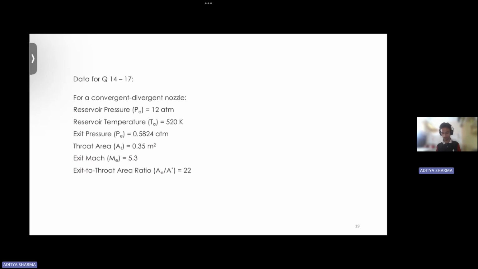There are a few things that are given to us. This is about a convergent divergent nozzle, right? Reservoir pressure has been given, reservoir temperature has been given, exit pressure has been given, throat area has been given, exit Mach number has been given, and the exit area to throat area ratio also has been given, right?